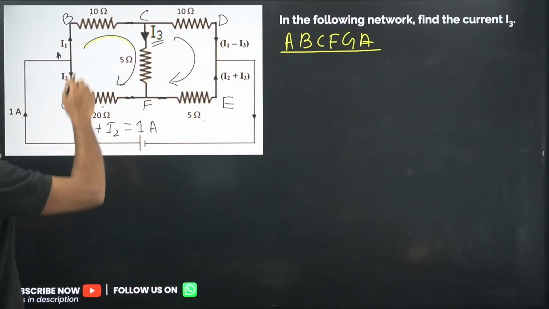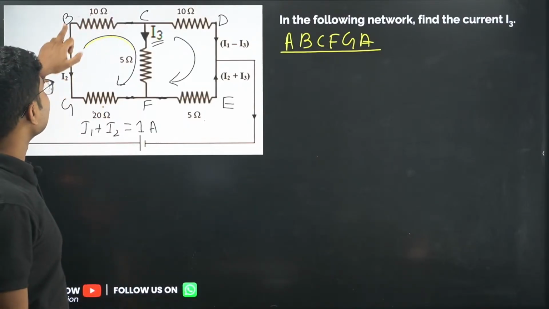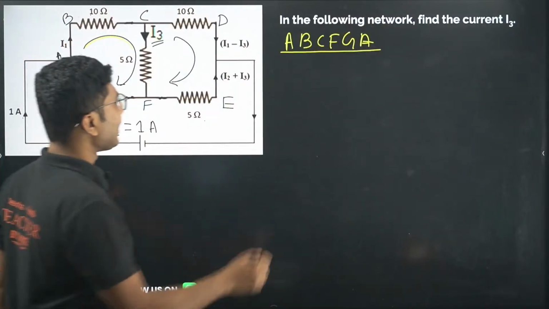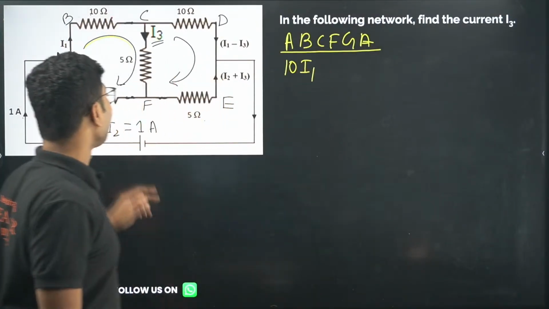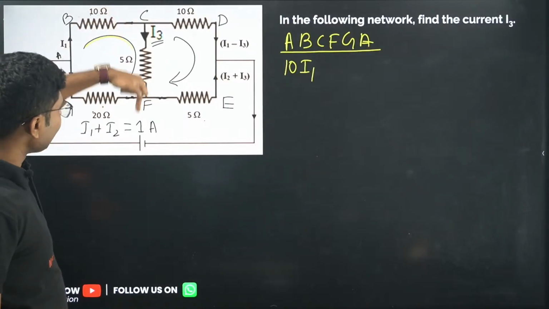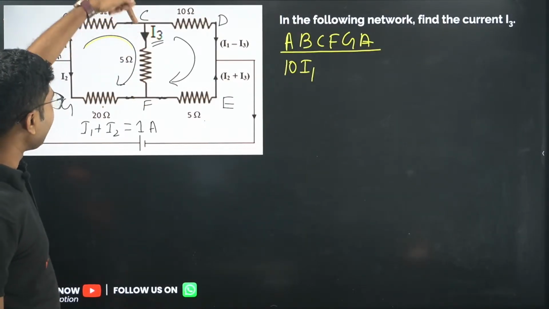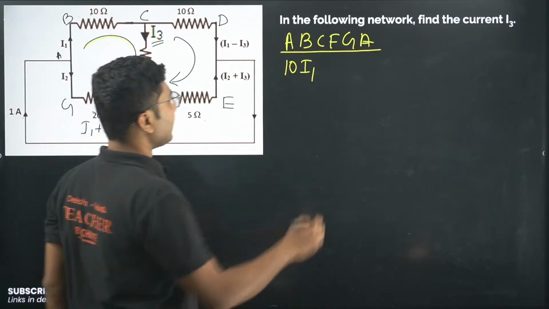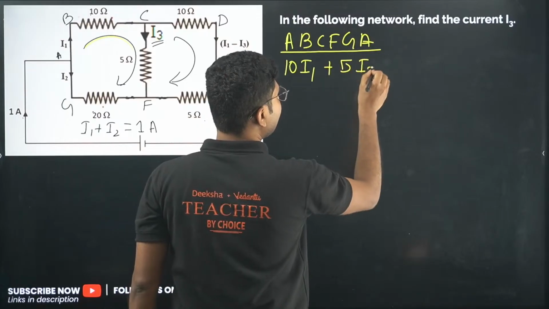First we see the first resistance, which is 10. The current through 10 is I1, so 10 I1. For the next part of the circuit, C to F, we are again going in the direction of current, and this is 5 into I3, so plus 5 I3.